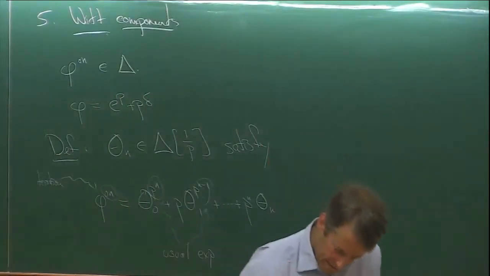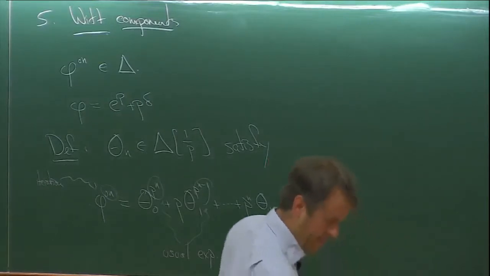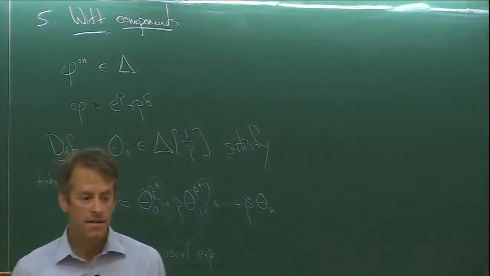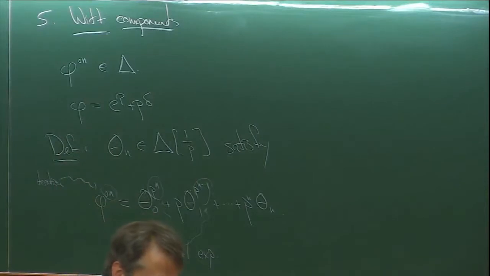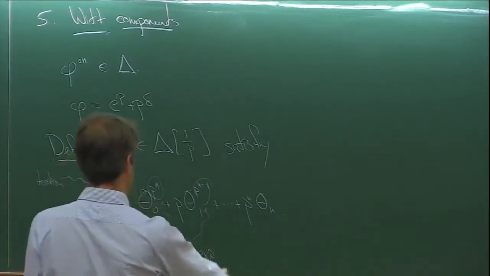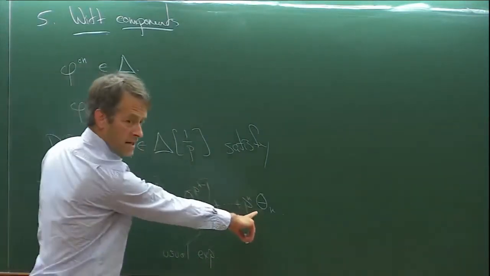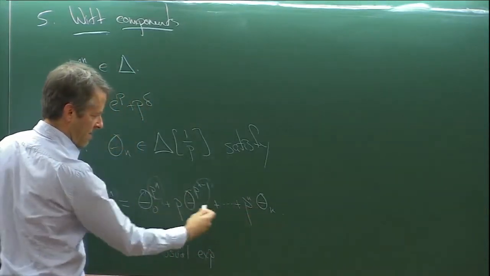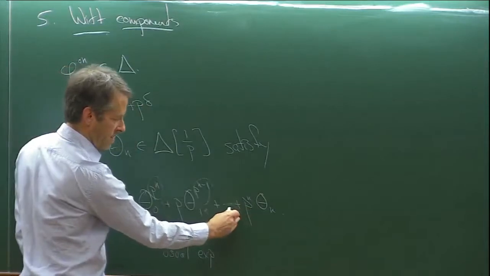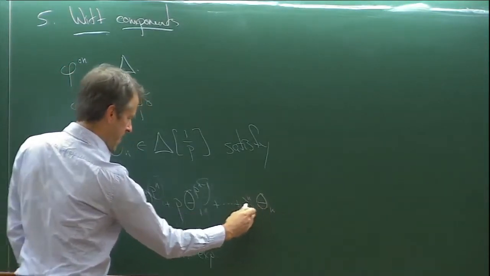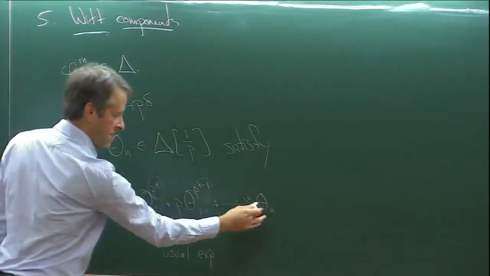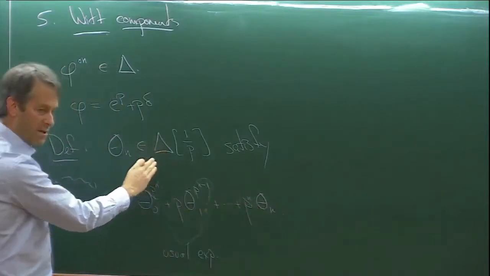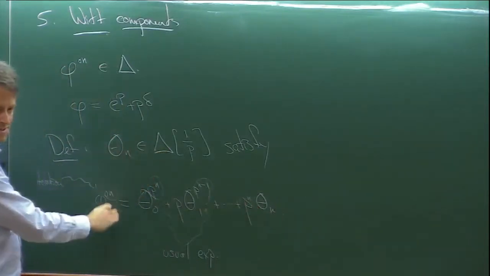Okay, and then the theorem. Exactly. Right, because once you've defined everything up to theta n minus 1, p to the n times theta n is then defined, but to solve for theta n, I mean, no, actually you don't, but a priori you do.